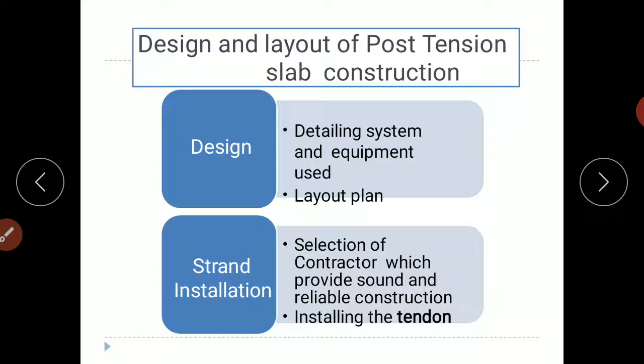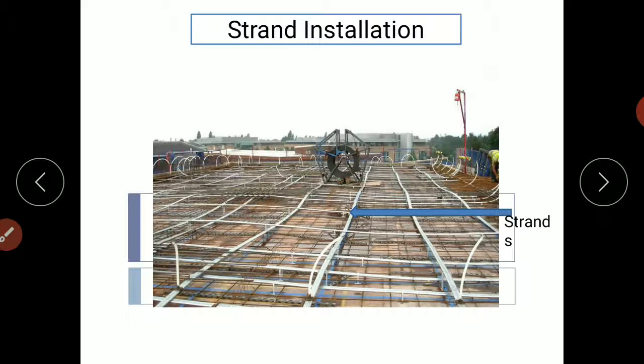Okay, we will make all the things in that particular place, and then we'll do the concreting. So this is the strand installation. So what is the calculated space between two ducts or between two reinforcement bars? We'll calculate it accordingly, and we'll make a layout of it. Okay, so this is the layout, and this is the strand installation procedure.